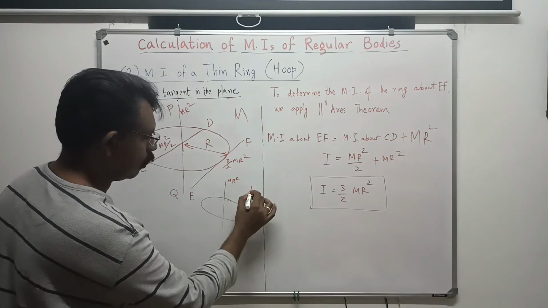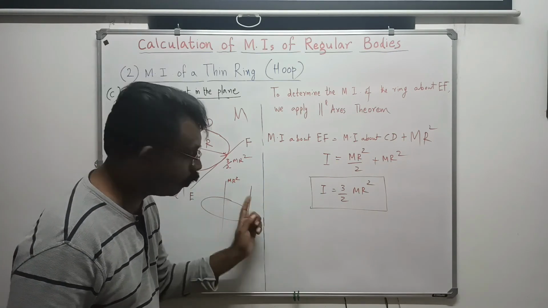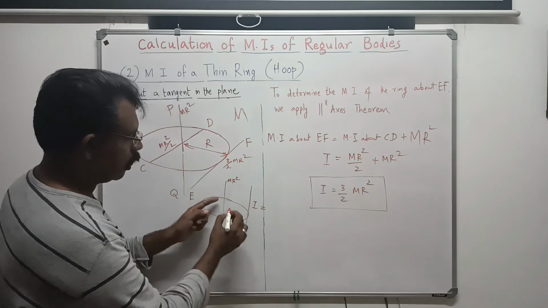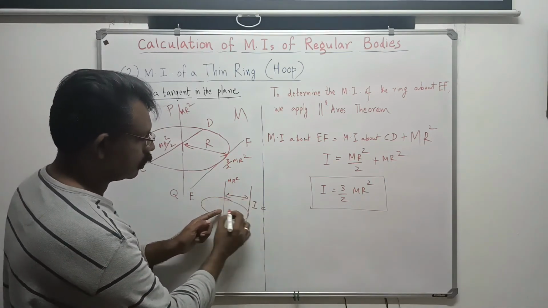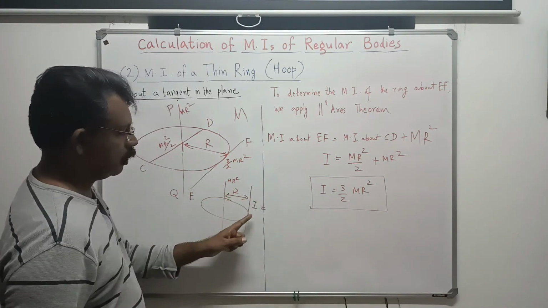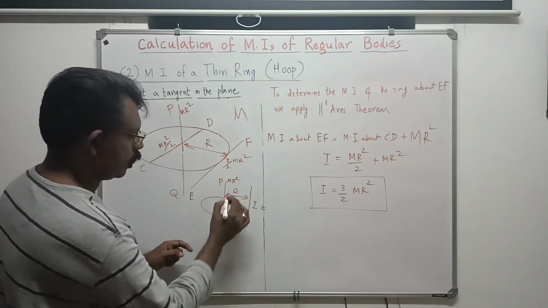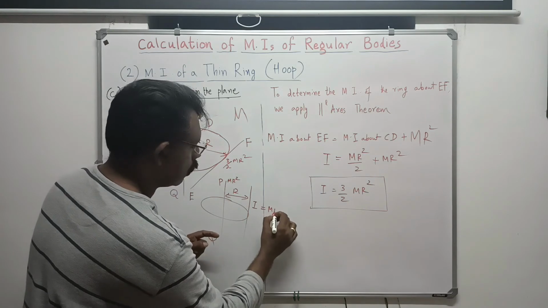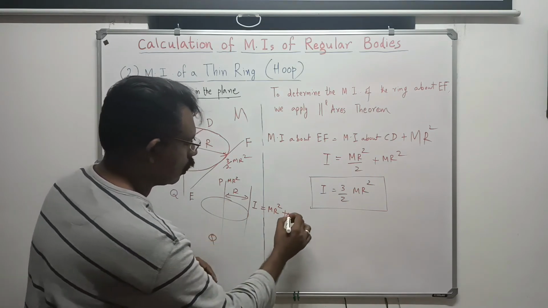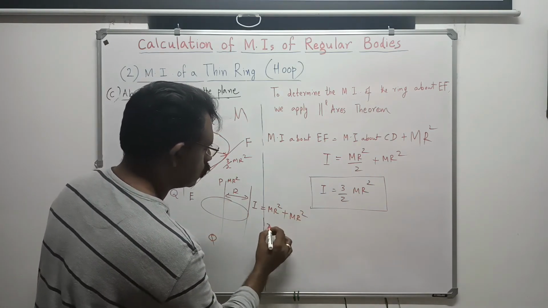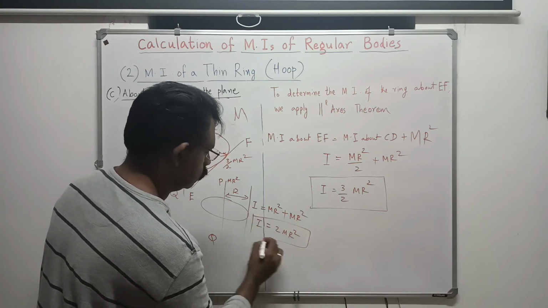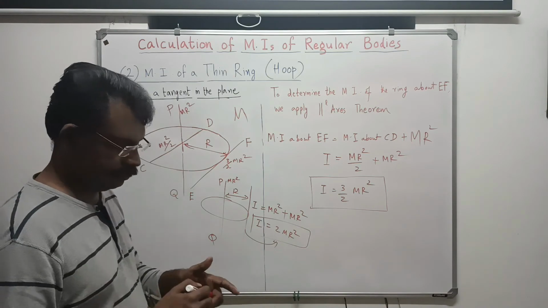Now we want to find out this one about another parallel axis. Apply the parallel axis theorem. Note that this distance is r. About this axis, I is equal to mr squared plus mr squared by the parallel axis theorem. This will be 2 mr squared.